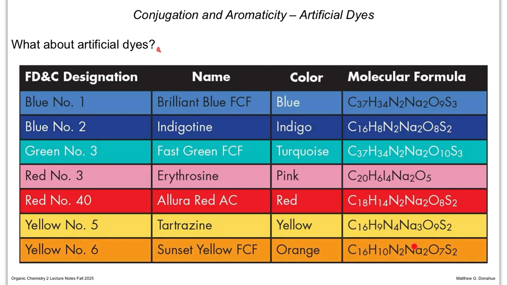And then if you look at all the heteroatoms in there, nitrogens, oxygens, sulfurs, and then there's some ionic stuff. So they typically have these functional groups with heteroatoms that kind of pep up the color that they transmit.